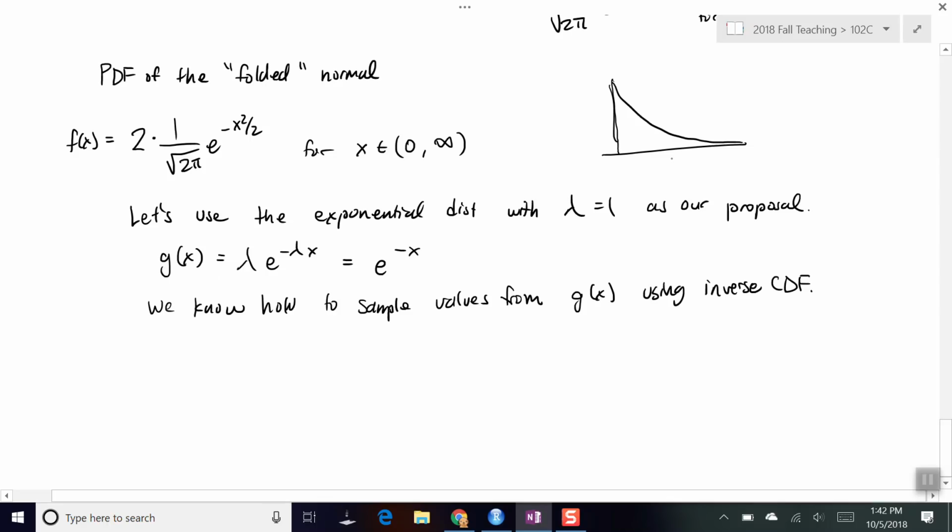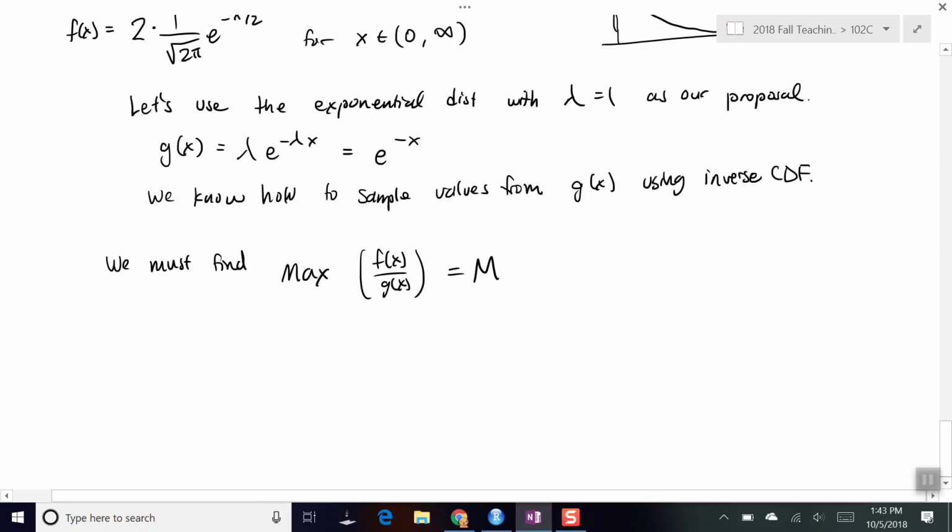So we need to find the maximum value of f of x over g of x to get our m. So we must find the max of f of x divided by g of x to get m, because we're going to use that so that it fits, right?